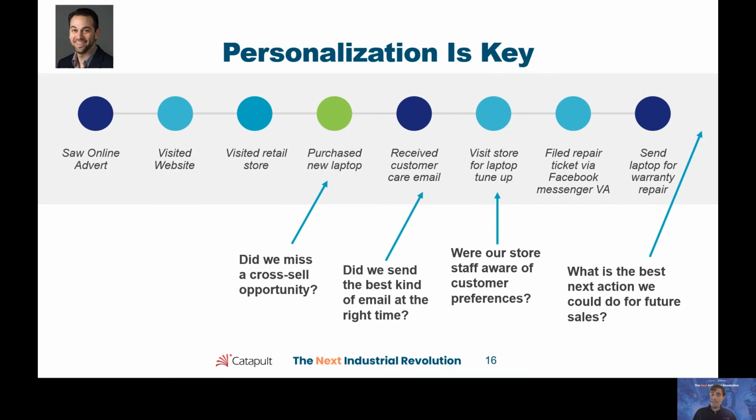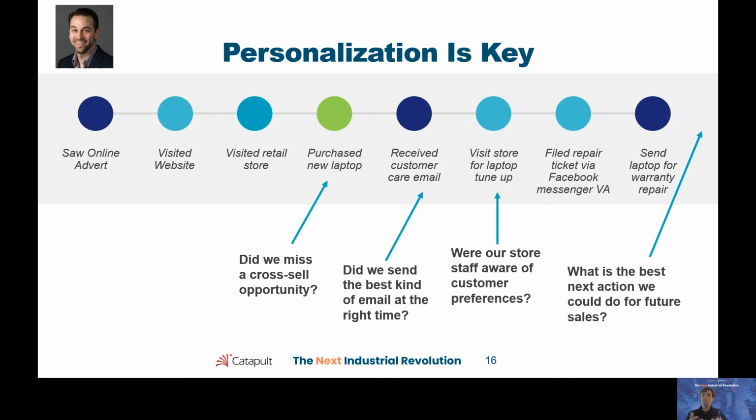So the key here is personalization. And I don't just mean inserting the right name or the right company into an email. I mean creating personalized experiences on the customer journeys for every customer you have, at scale. You've got 1 billion customers. How do we create 1 billion optimized customer journeys?